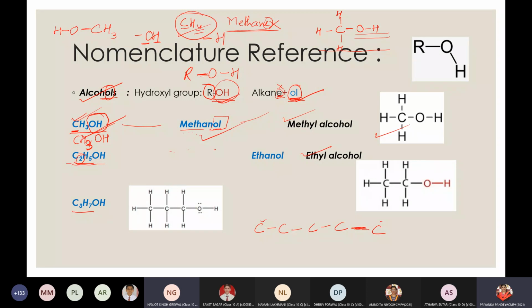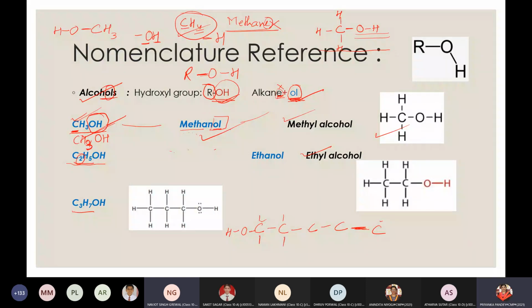So if it is given pentanol 1, this carbon has 2 valencies already satisfied. 1, 2. These 2 are done. 1, 2, 3. Just keep hydrogen everywhere.